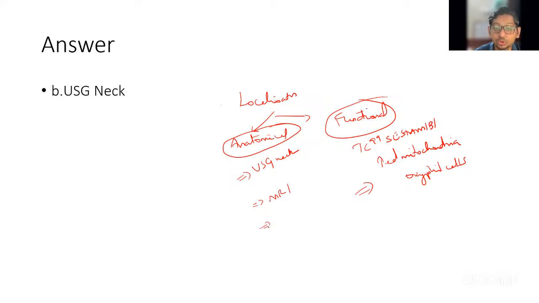We can also do something known as a 4-dimensional CT scan. A 4-dimensional CT scan is basically a triple phase CT scan, but it also uses the fourth dimension, which is time. So there is differential enhancement. Rapid enhancement and washout is what we look for in a parathyroid adenoma on a 4D CT.